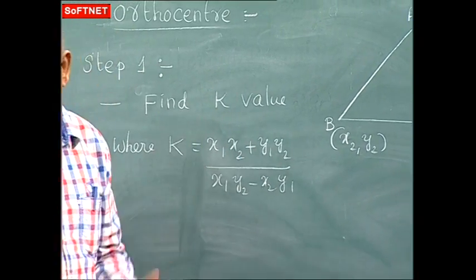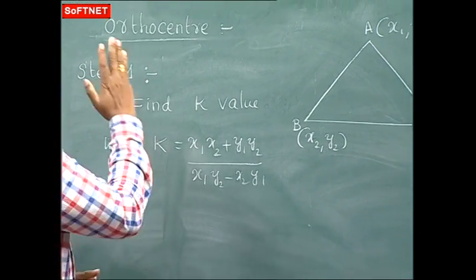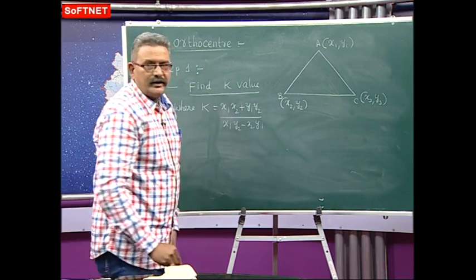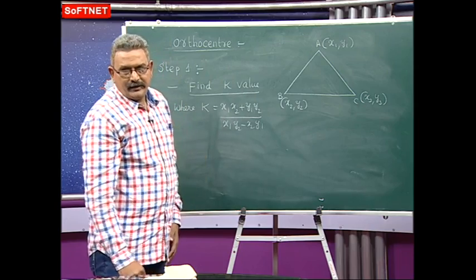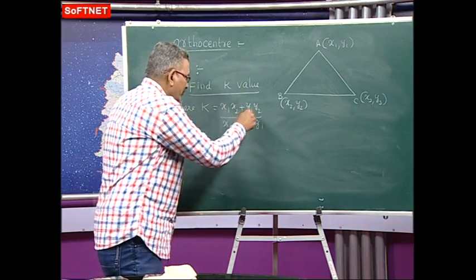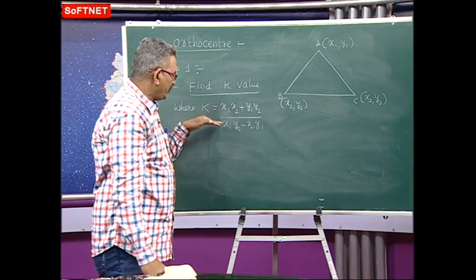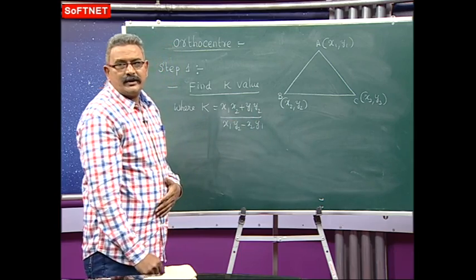Always remember this. In step 1, we first find the value of K, where K is given by this formula: x1 x2 plus y1 y2 divided by x1 y2 minus x2 y1.